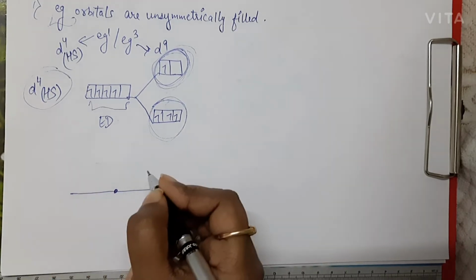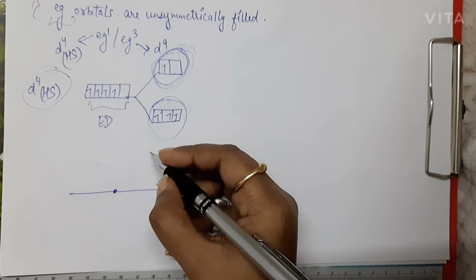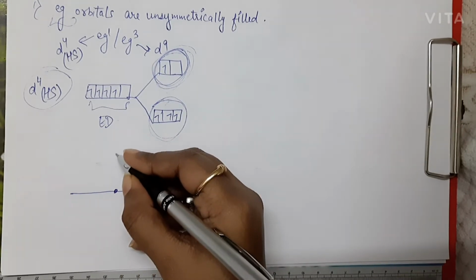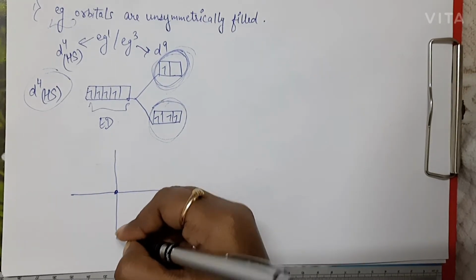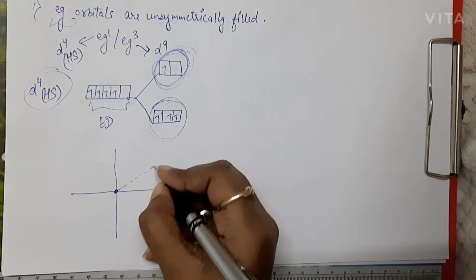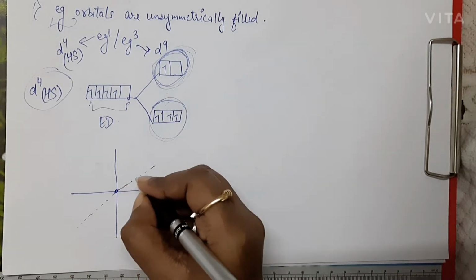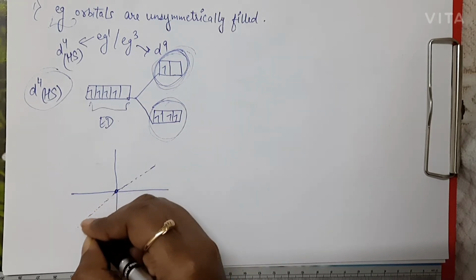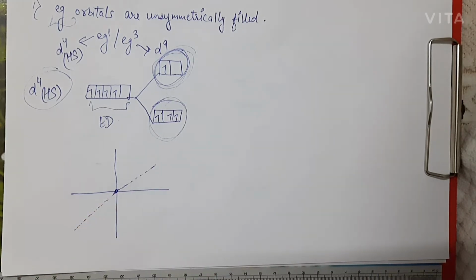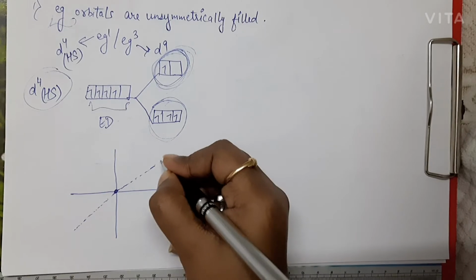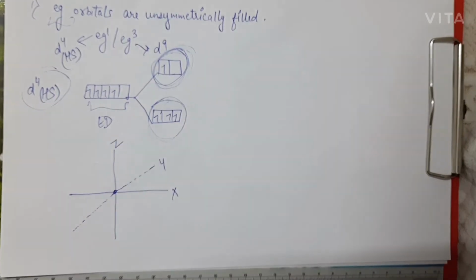This is the x-axis, and this is the z-axis, and this is above and below the plane. I'm not able to show it, but you have to just imagine that this is above and below the plane. This is the y-axis, so this is x-axis, this is y, and this is z-axis.